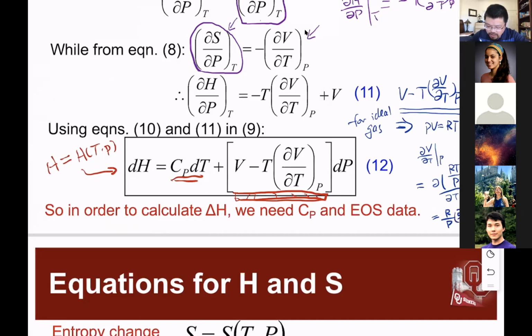This is basically R over P. So if this is the case, then this would be V minus T times what? T times R over P, right? So here I have TR over P, which is V minus V, which would be 0.